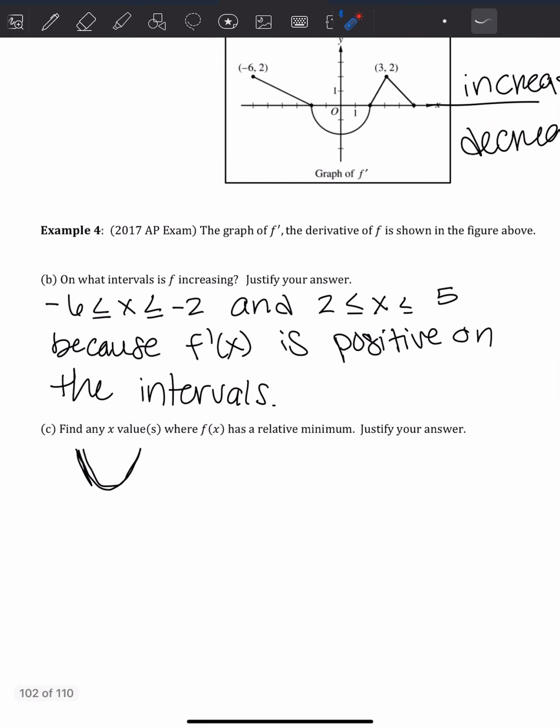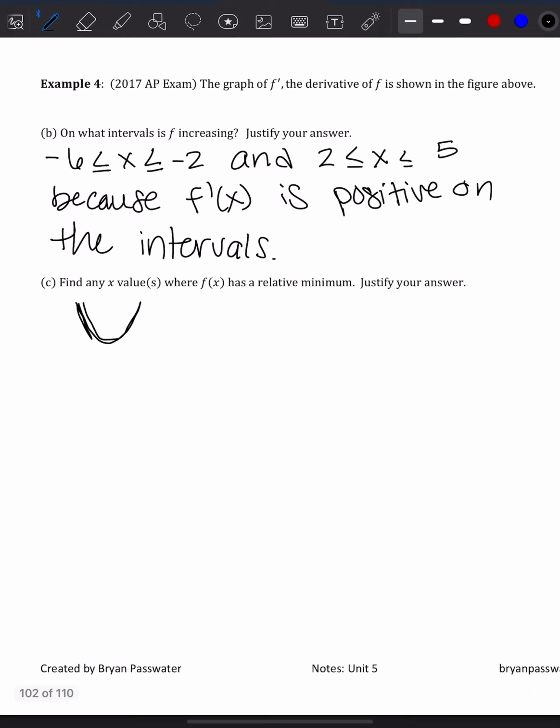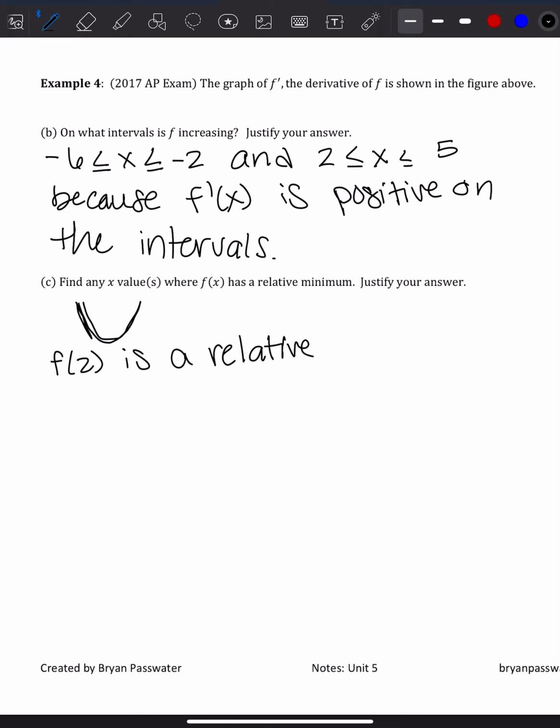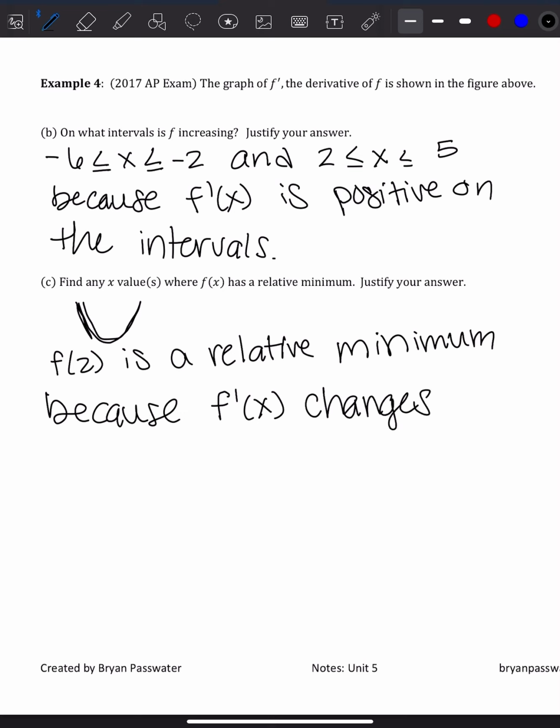So f of 2 is a relative minimum because f prime of x changes sign from negative to positive at x equals 2.